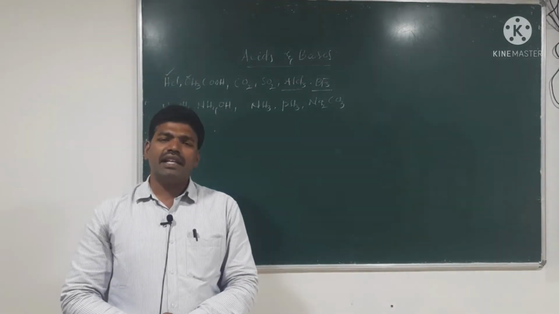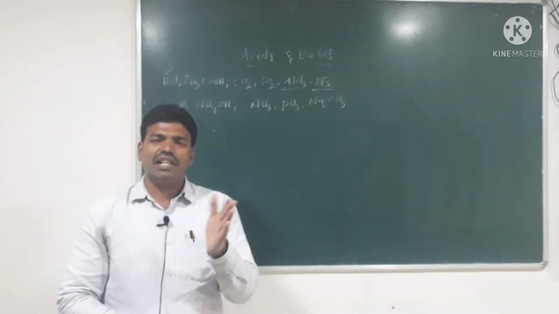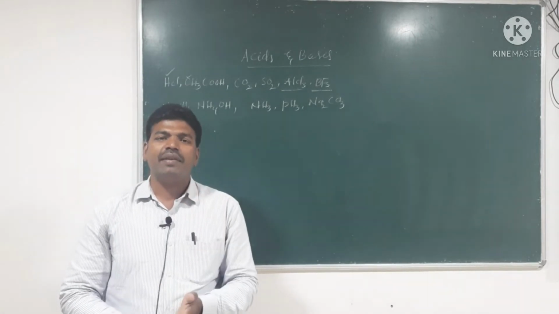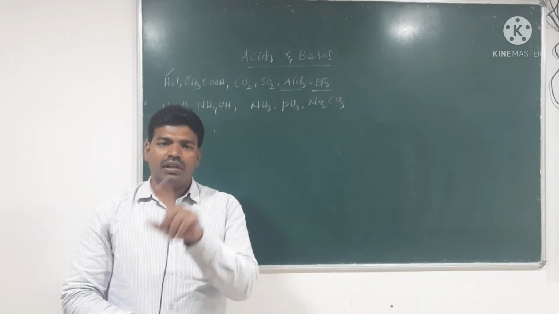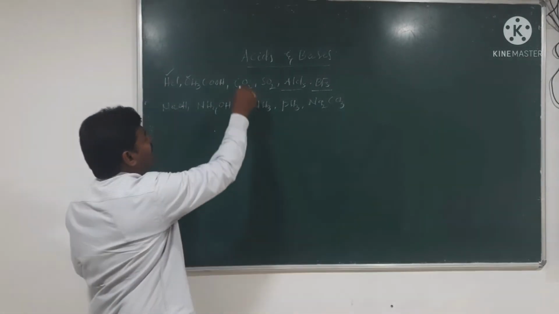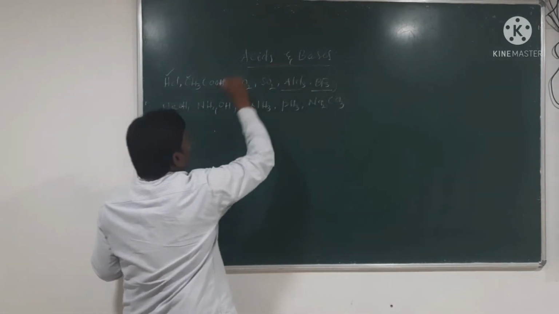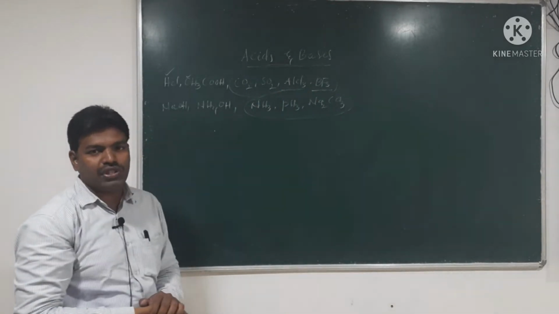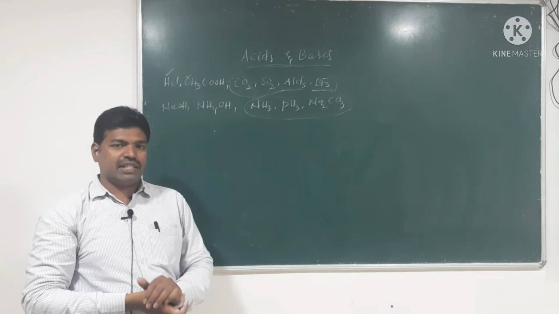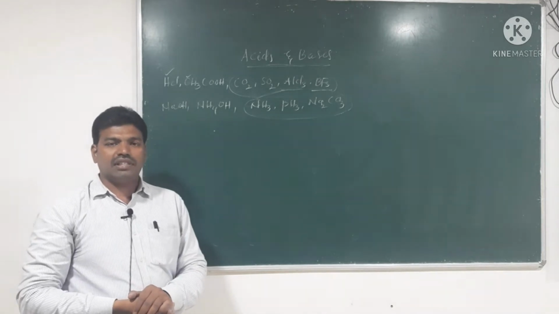So, Arrhenius theory fails to explain the acidic nature of AlCl3, BF3, and the basic nature of ammonia, NH3, and CaO. It fails in the case of these compounds.